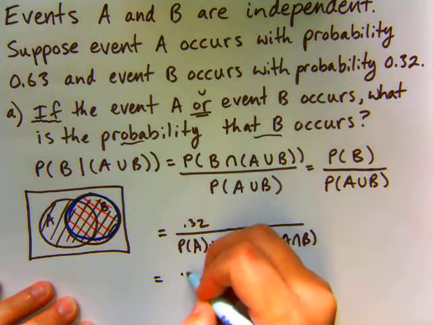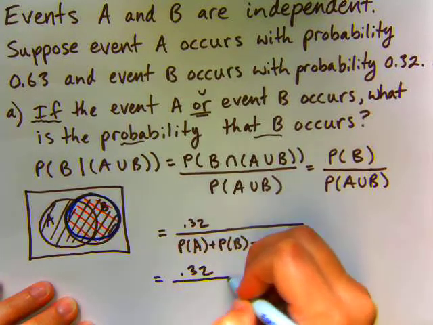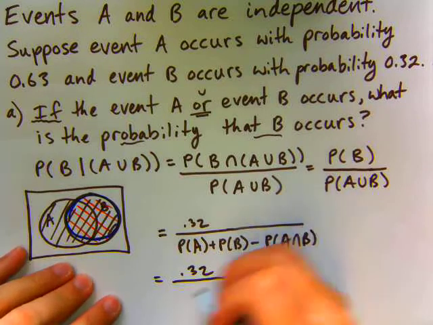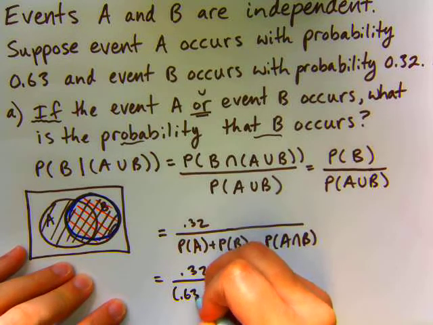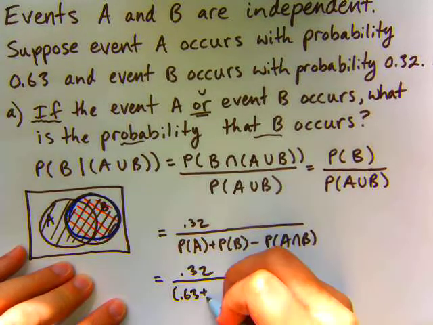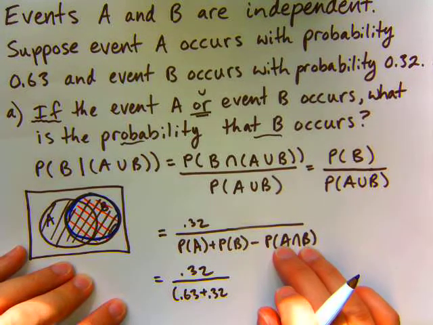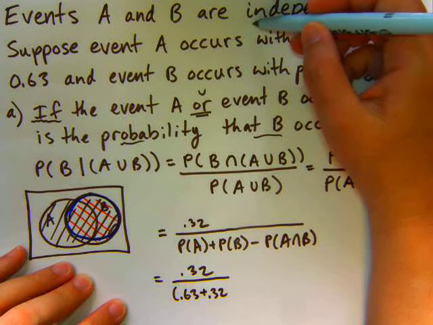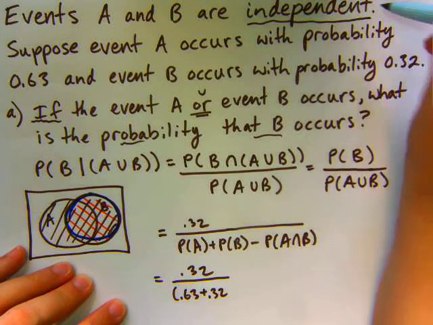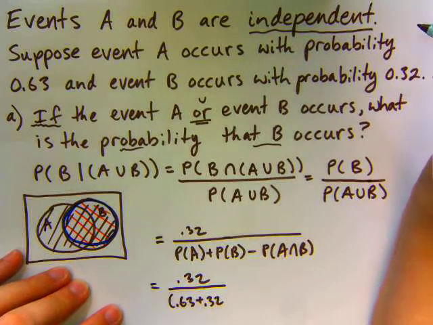We still have 0.32 on the top. Probability of A was 0.63. Probability of B was 0.32. Now, you can only do this next step because it specifically states that these two events are independent.